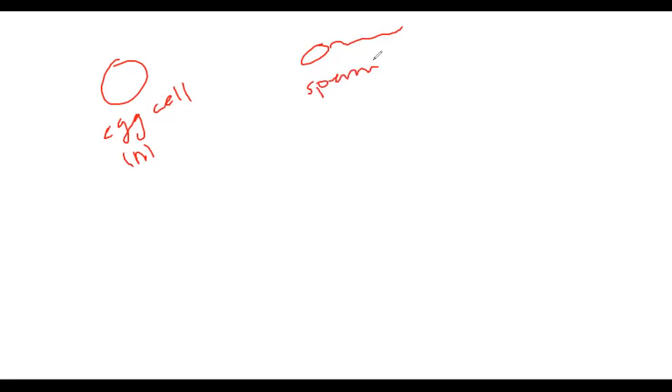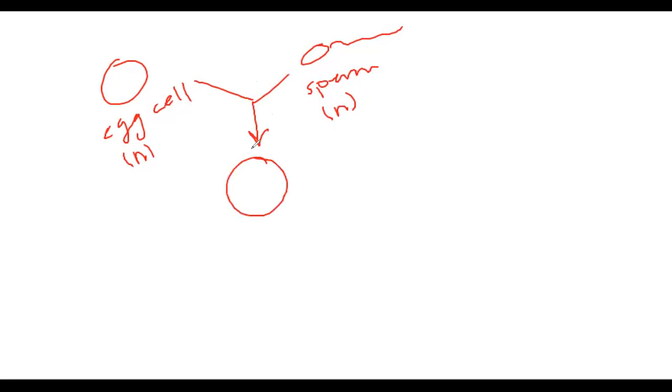Here, guys, as we know before, the female produces something called the egg cell, which represents the female sex cells. It contains just half the number of chromosomes, while the sperm, produced by the male, represents the other half of the chromosomes. Once they join together, we call this the fertilization process.